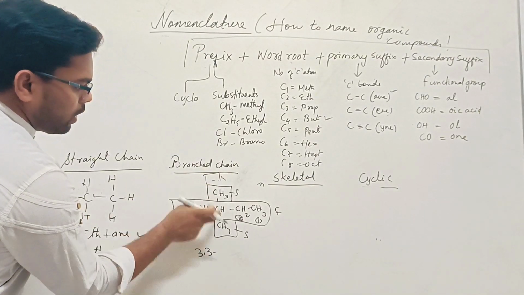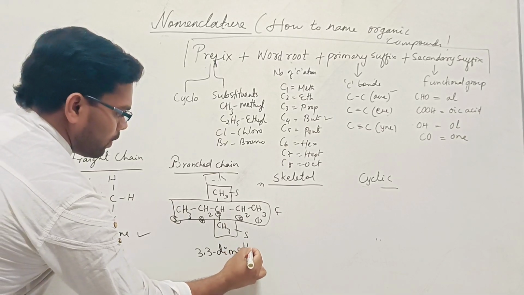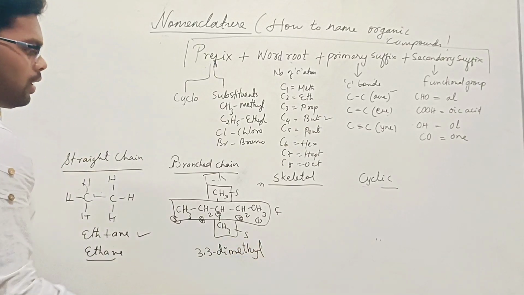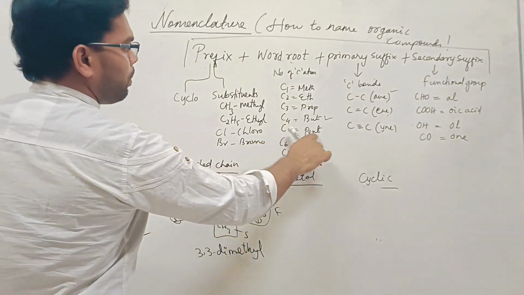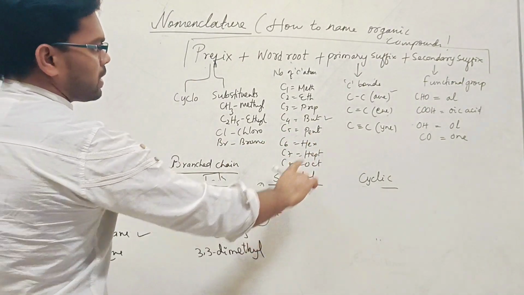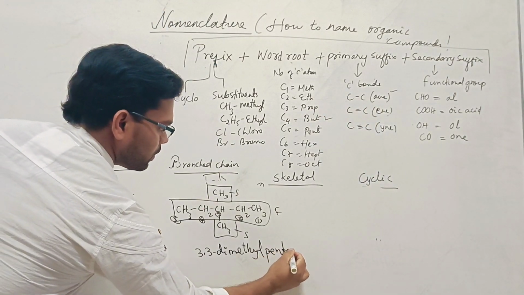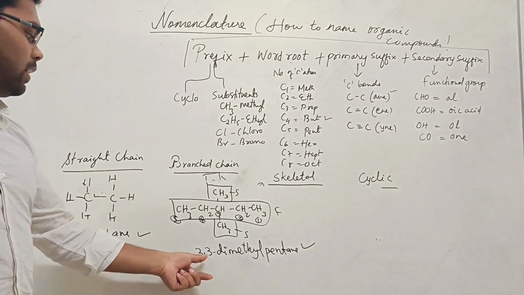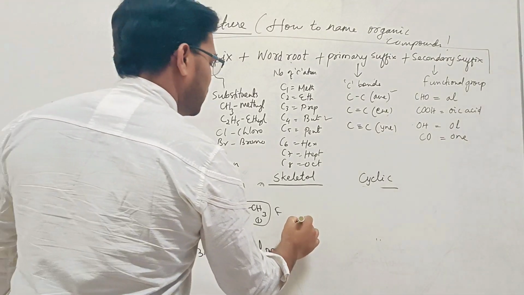How many methyl groups? 1, 2. So for 2 we write dimethyl. Total carbon atoms: 1, 2, 3, 4, 5. 5 means pent, and all carbon atoms are single bonded, so ane. So simply write pentane. The name will be 3,3-dimethylpentane. Okay, how about this?